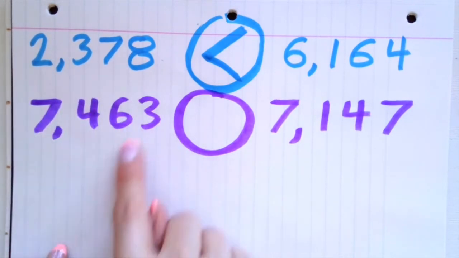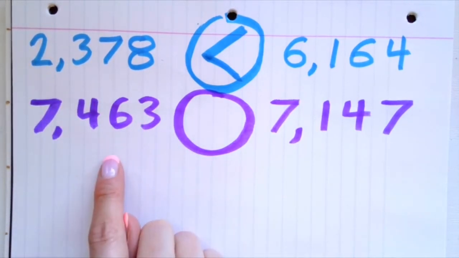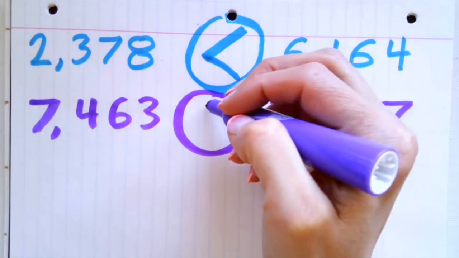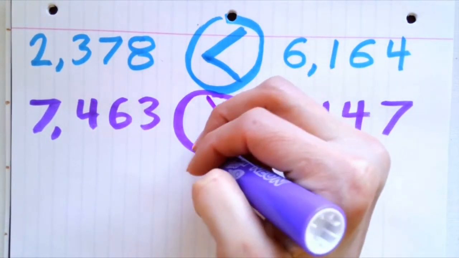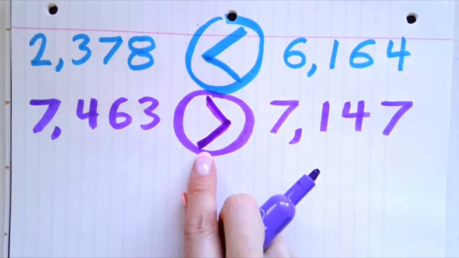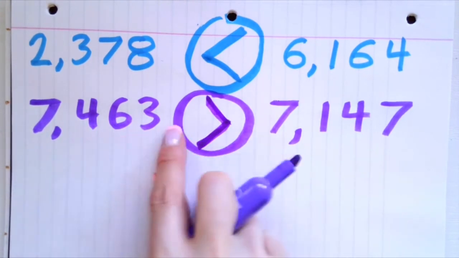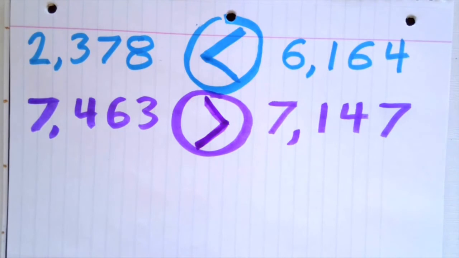This is the bigger number on the left this time. So now how does our symbol go? Now the symbol is a greater than symbol, showing us that this side is larger.